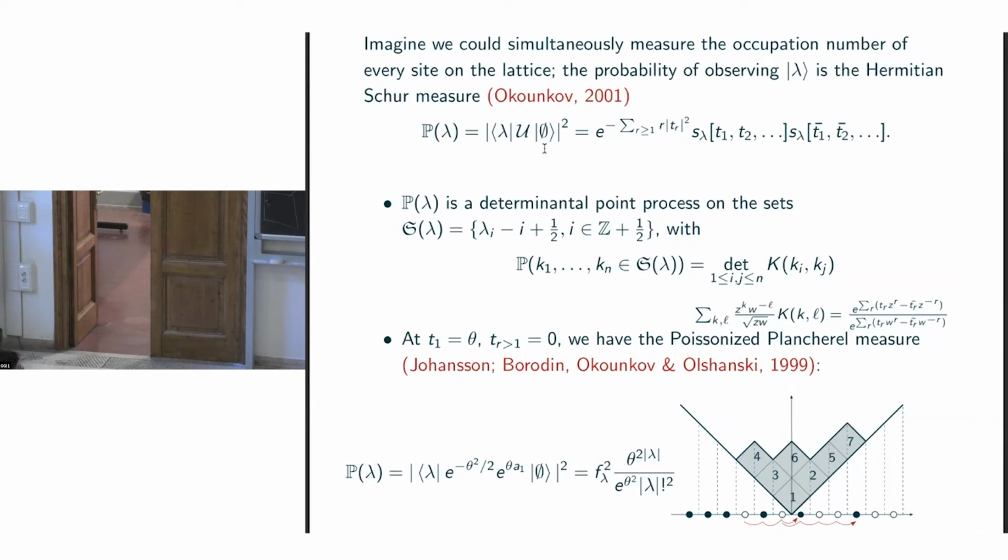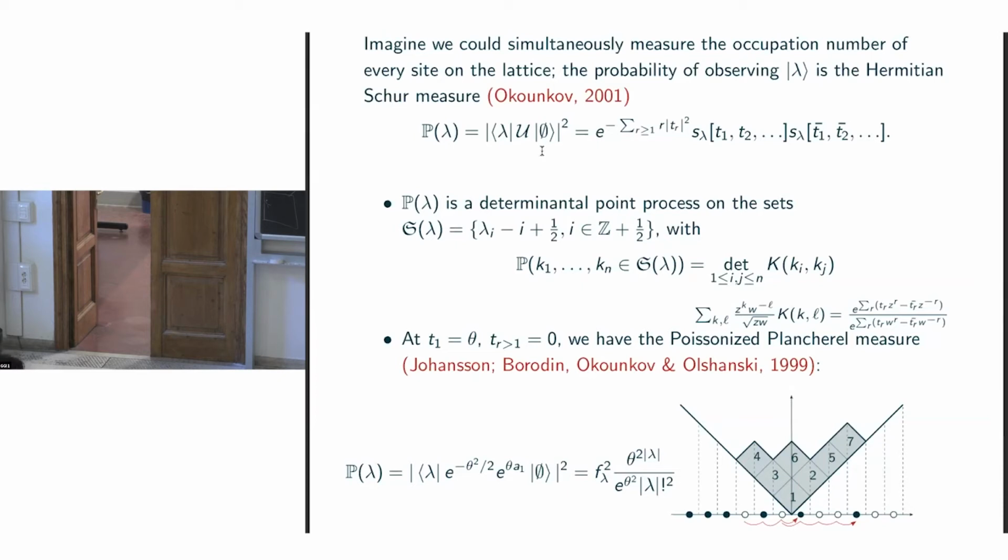And when we evaluate the probability, we see that it is really just the Poisson measure. So the size of the partition being taken is no longer fixed to n, but it's a Poisson random variable of parameter theta squared. And this has a perfectly good combinatorial sense when we think of what the operator A1 does, because this is the one that's shifting a particle one site to the right.